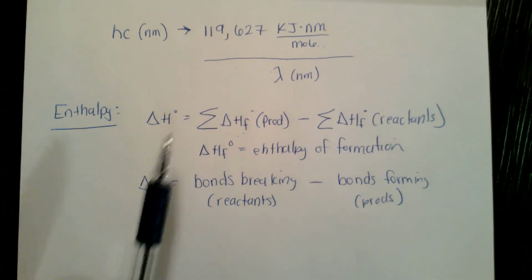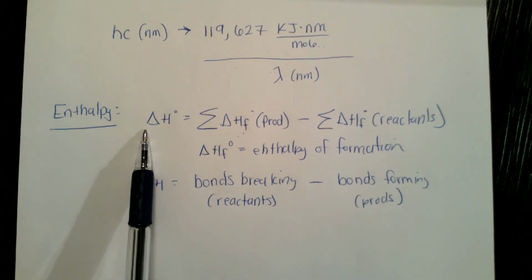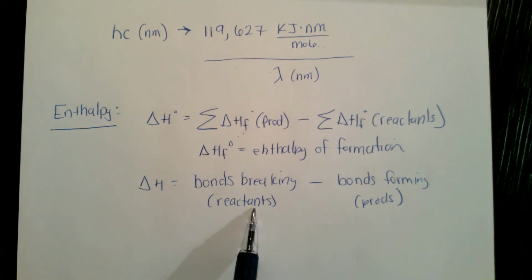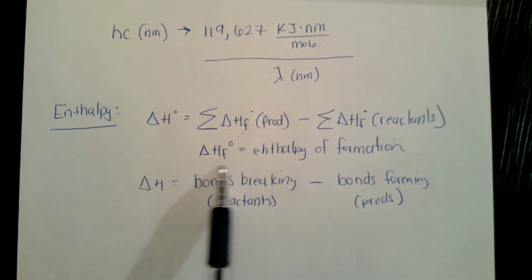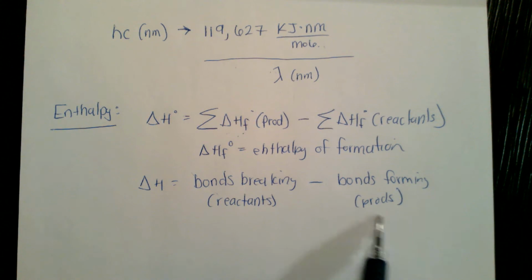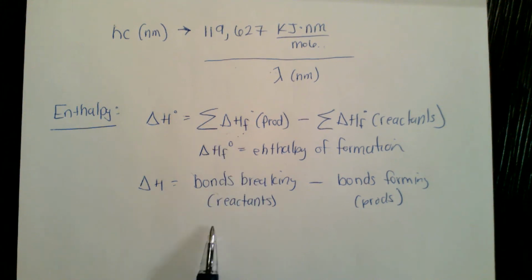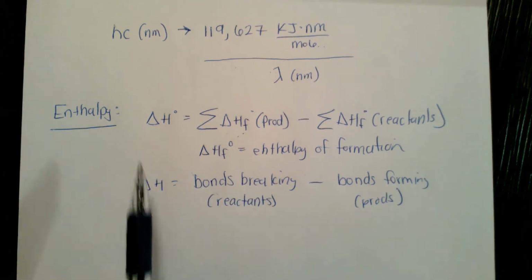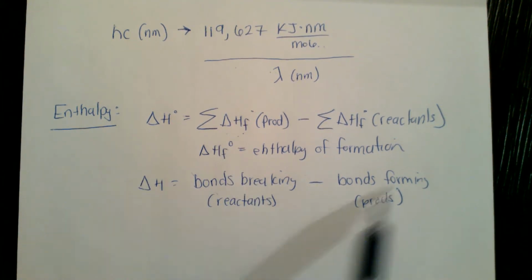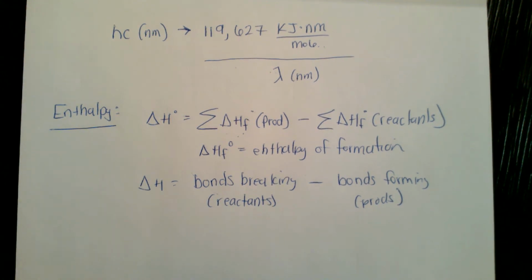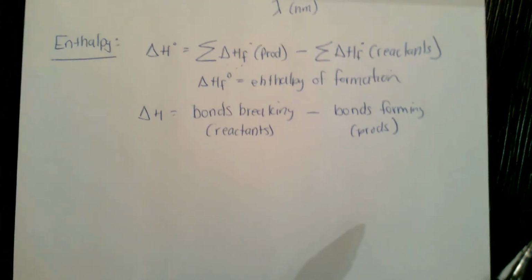So you can approximate the enthalpy change of a process by looking at the energy used to break bonds and the energy released to form new bonds. The difference in those can give you the enthalpy of a reaction also. So we use both of these two methods to get the enthalpy of a reaction or a process.